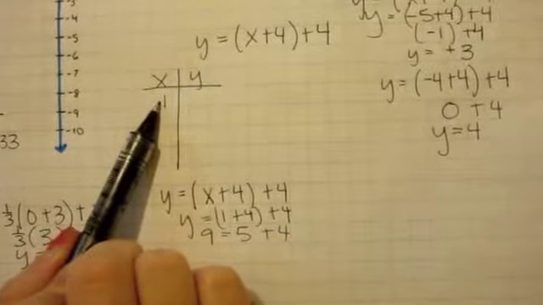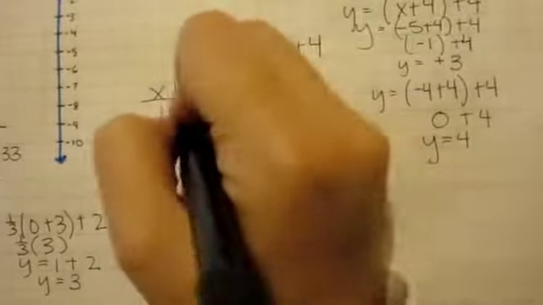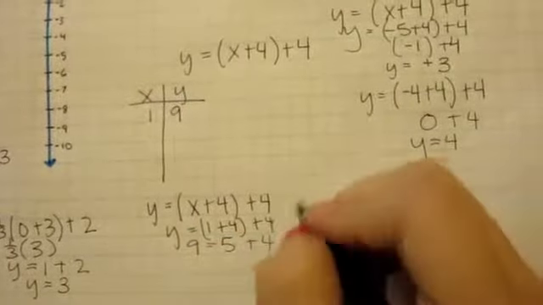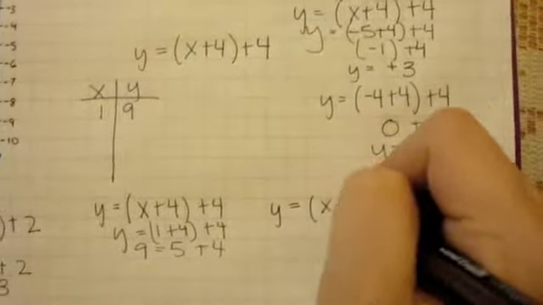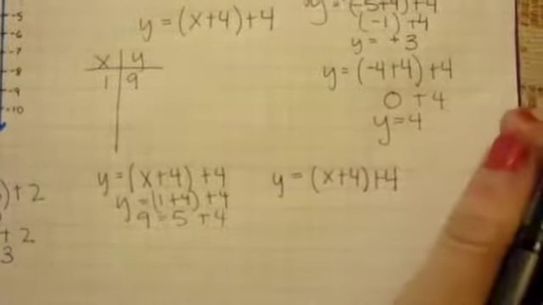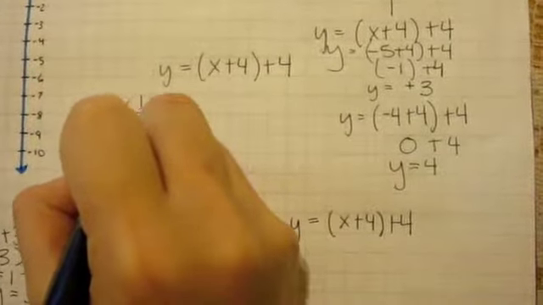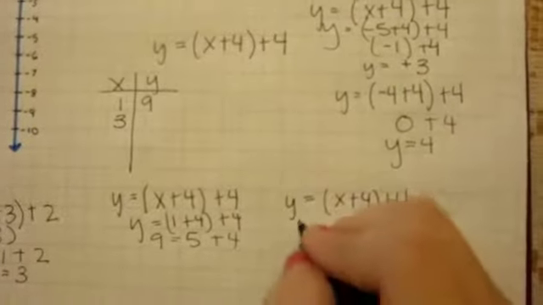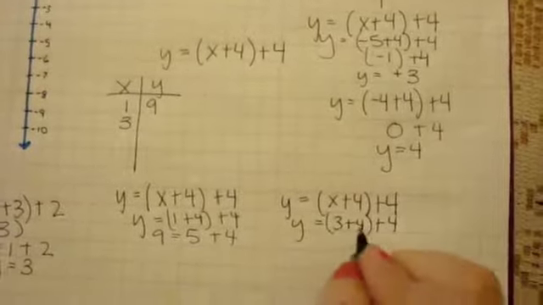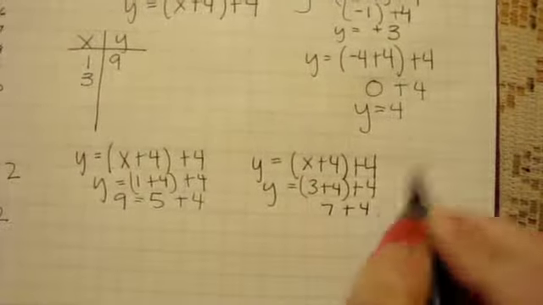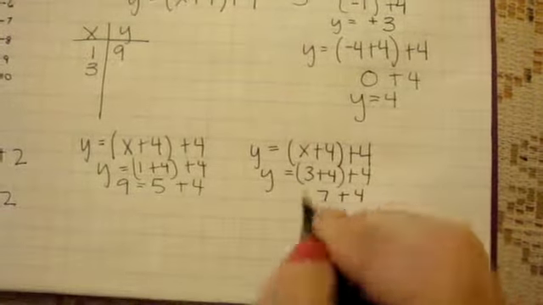So when the x value is 1, the y value is going to be 9. And then I do the same process again. y equals x plus 4 plus 4. And I'm going to use 3 as my x value. So y equals 3 plus 4 plus 4. So 3 plus 4 is 7, plus 4 is 11, equals y.